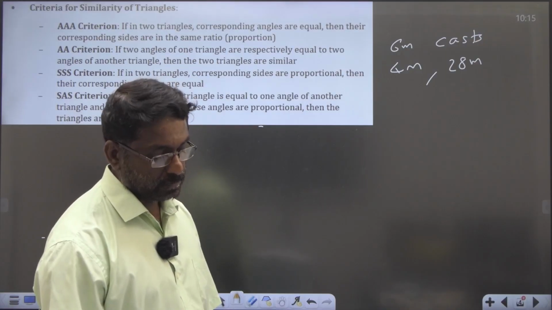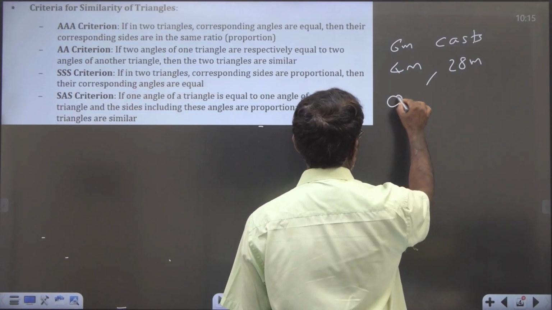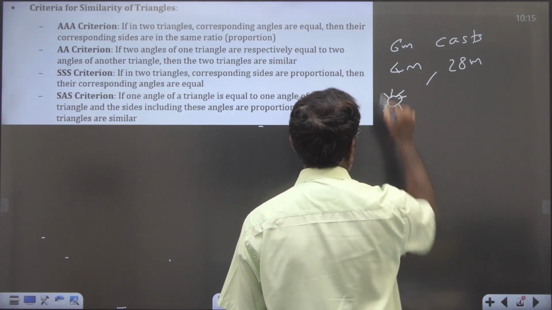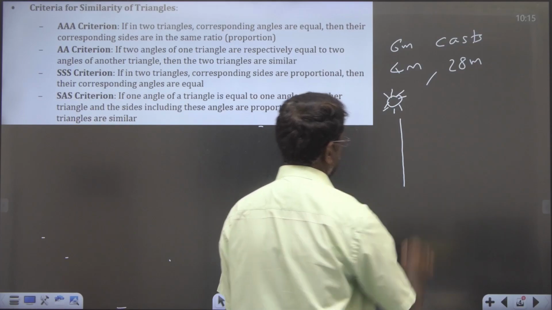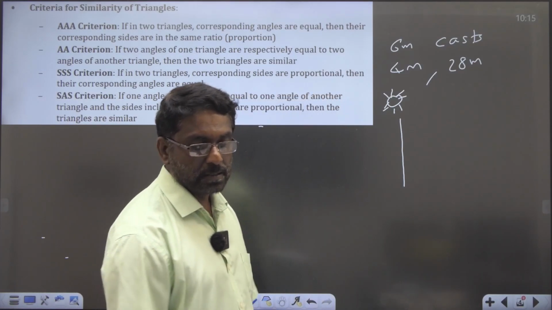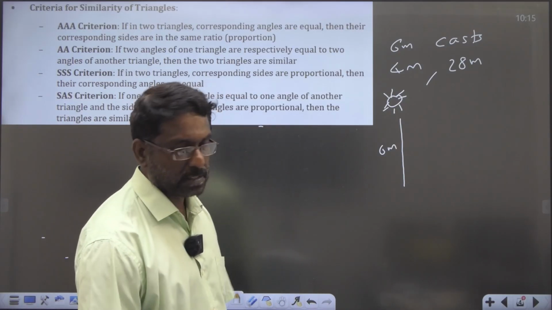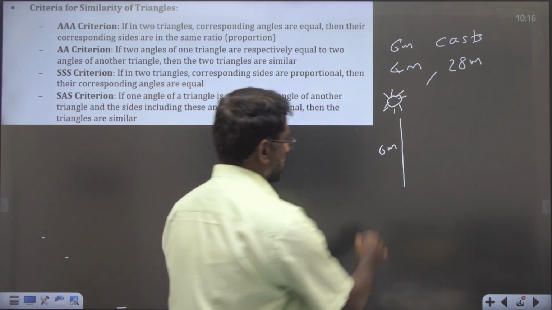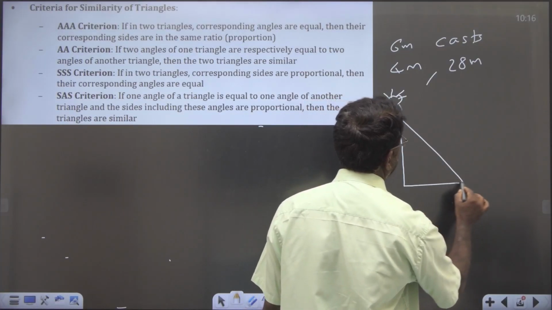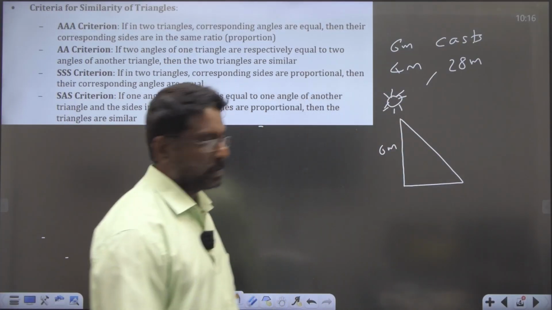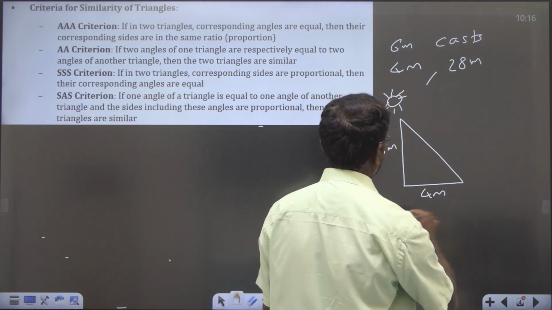Okay. I can draw a figure. Suppose here is the sun. This is the vertical pole of 6 meter height. Automatically the shadow will be on this side because this side is the sun. This is the shadow, 4 meter, the length of the shadow.